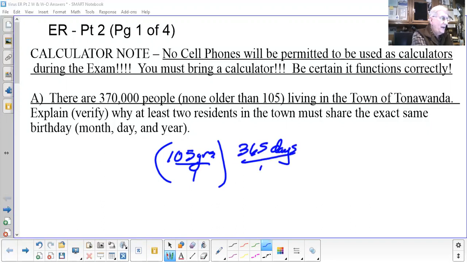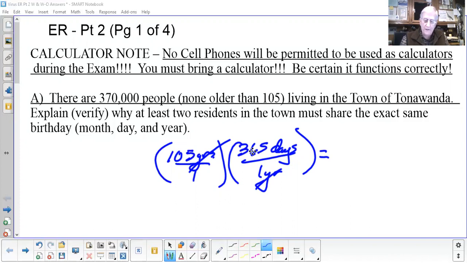Remember, the days go on top, years goes on the bottom so that they will cancel. All right? So how many possible birthdays does that give us for the people in the town of Tonawanda? Well, let's check it out.